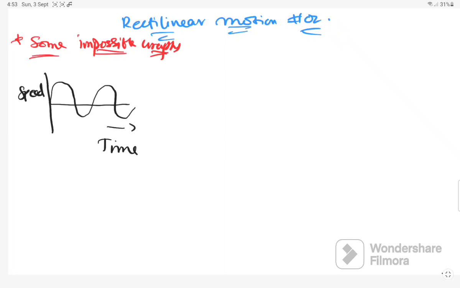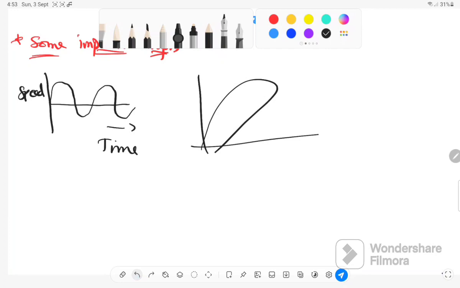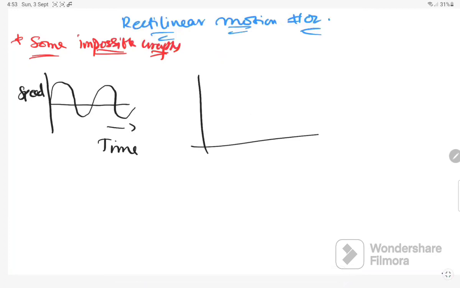Okay, and some of the graphs we just go through, try to remember this. Starting here and again ending with the same point. With time, displacement starting and ending at the same point, and we are finding the graph at some particular time.